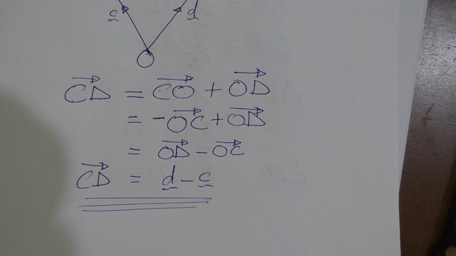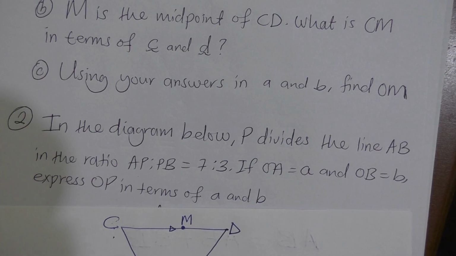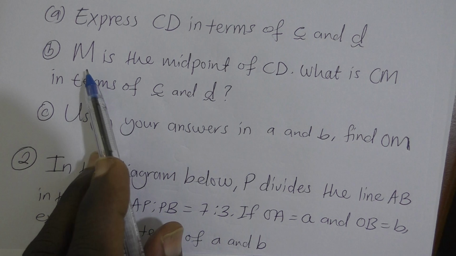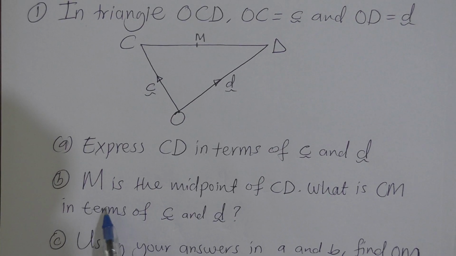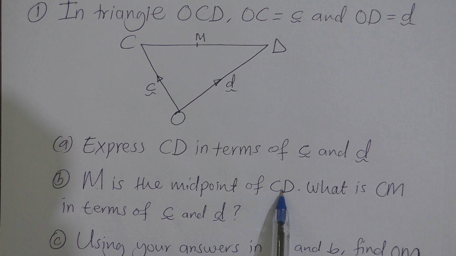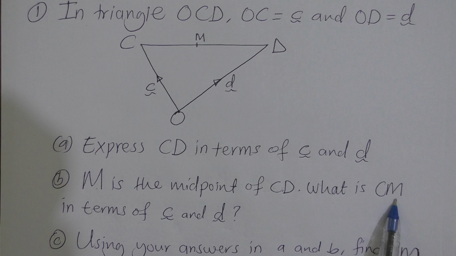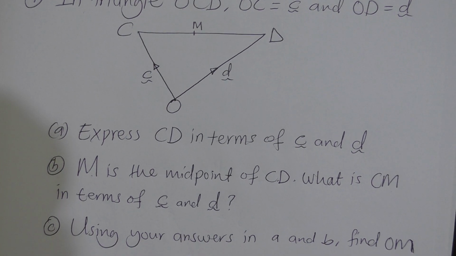Then the other question is that on our diagram we have M. M is the midpoint of CD. So they want us to get CM in terms of C and D. Still, this is how we shall do that.